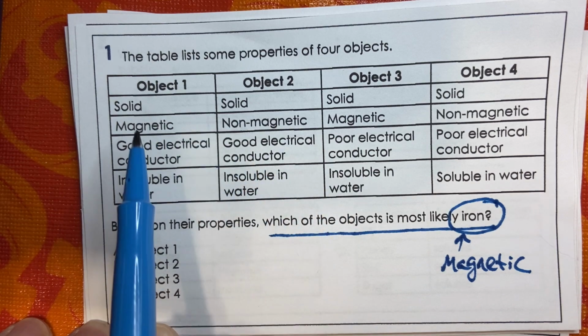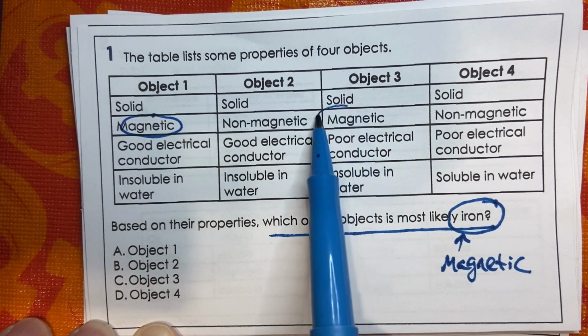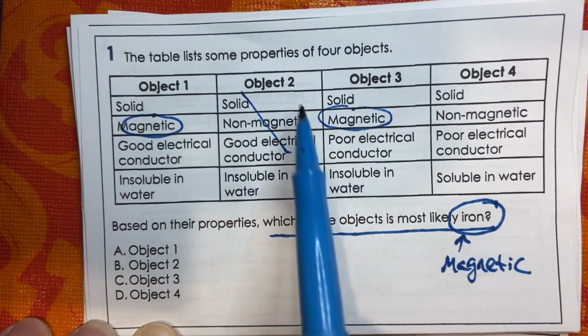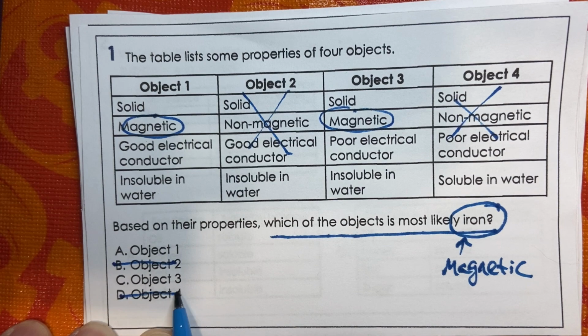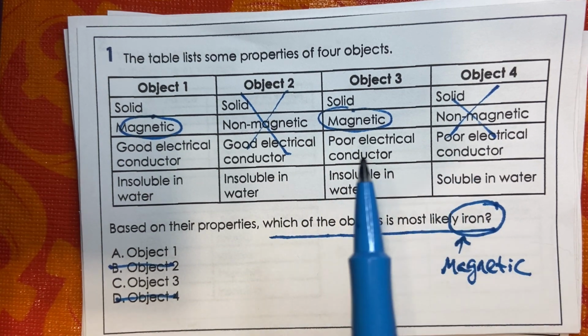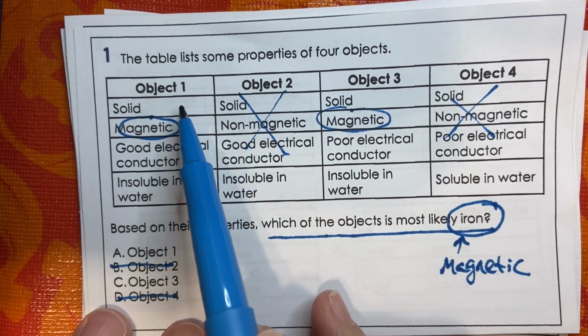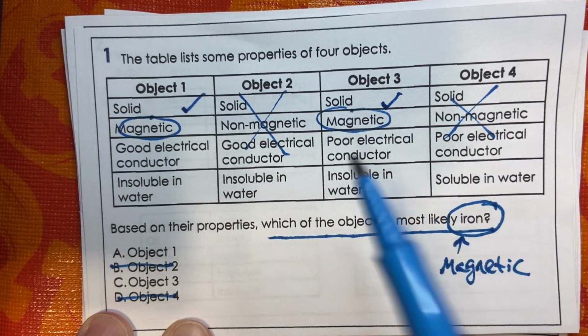I'm going to come up here and I'm going to notice that in the chart, object 1 is magnetic and object 3 is magnetic. So I'm going to take out object 2 and object 4, because if it's made of iron, it definitely has to be magnetic. Then I'm going to be able to go through and check the other properties, to see if it's going to be 1 or 3. So both of them are solid, which makes sense because iron is going to be solid at room temperature.